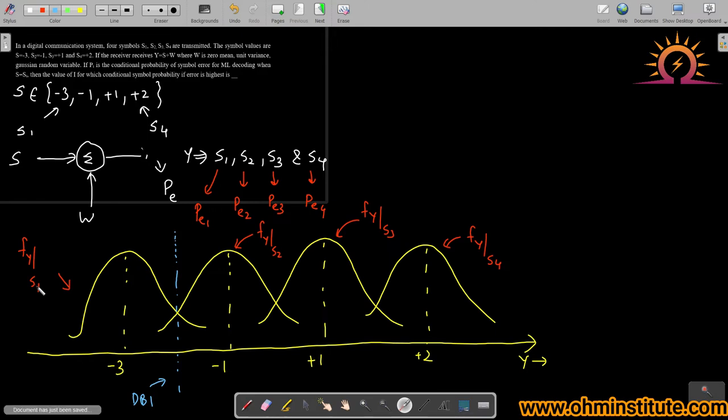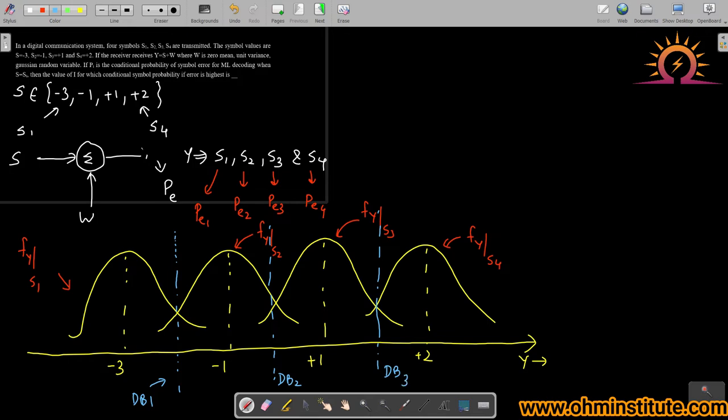Similarly, between the symbols -1 and +1 there will be a decision boundary, which I'll call decision boundary 2. Similarly, between +1 and +2, I'll have a decision boundary, which I'll call decision boundary 3.